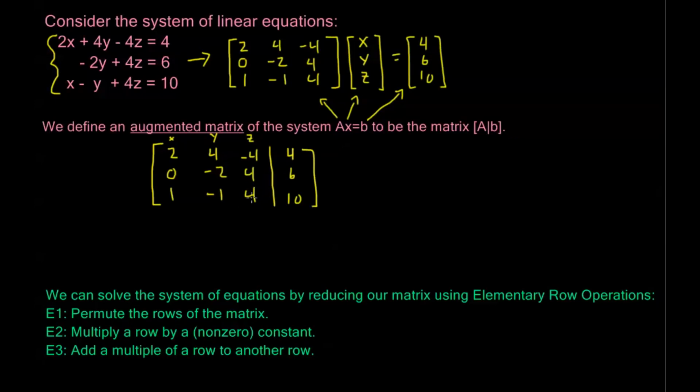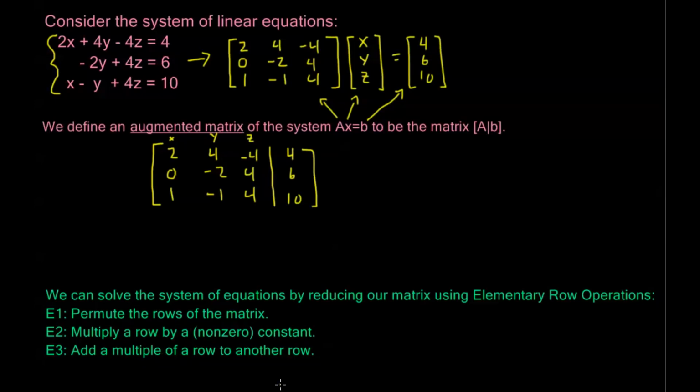In other words, I can change the order of the rows. My second operation is that I can multiply a row by any non-zero constant. And my third operation is that I can add a multiple of one row to another row. Now, just so there's no confusion, I don't have to multiply the row by anything to add it to another row. Really, I am multiplying it by 1, right?